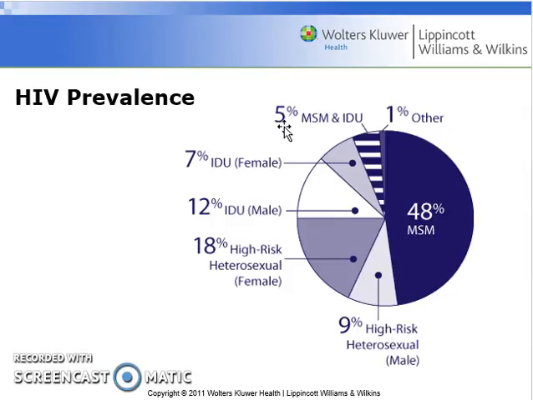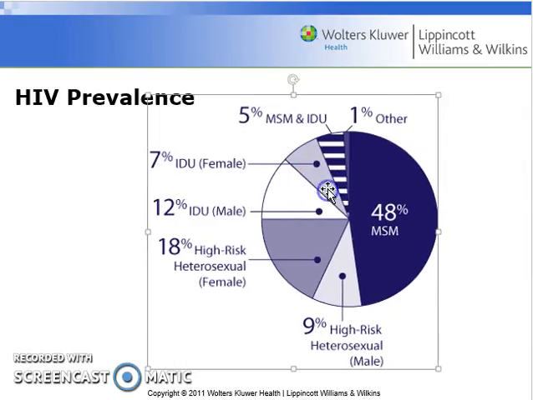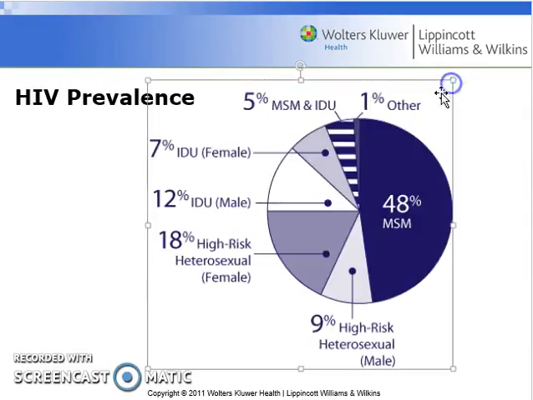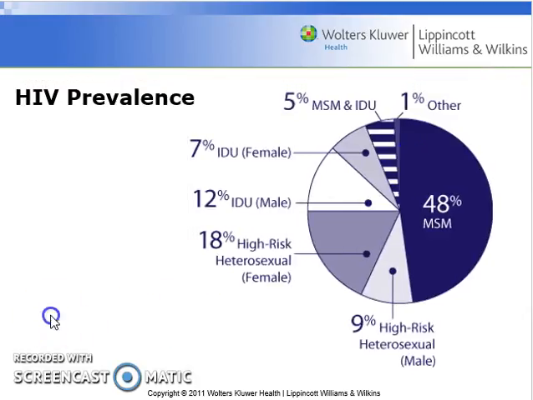So what this diagram is showing is the prevalence of these different subgroups in terms of being infected with HIV. And this is the kind of data that epidemiologists are going to look at and try to make the connections to see what members of the population are highly at risk for acquiring HIV.